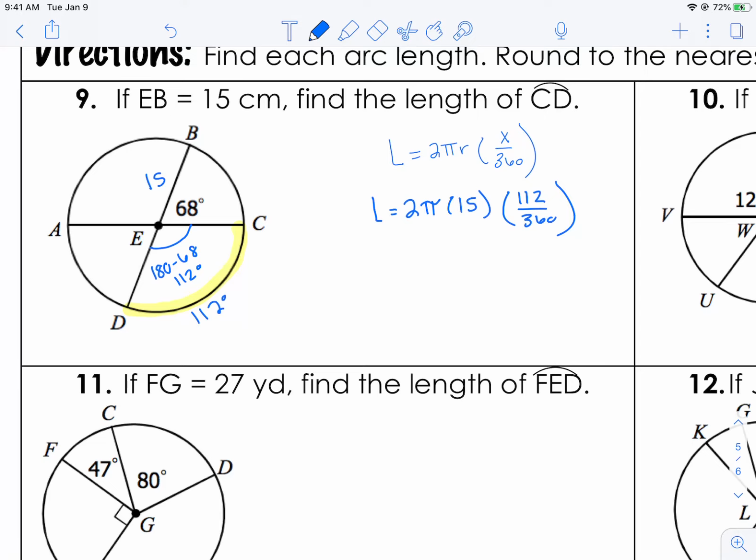Sorry, y'all, I'm trying to find my answers. Okay, and if we were leaving it in terms of pi, this is what I would expect. But since I'm not, sorry, I'm having some Wi-Fi issues.